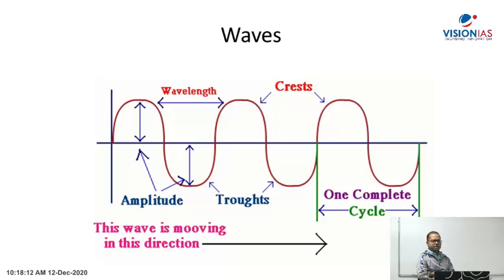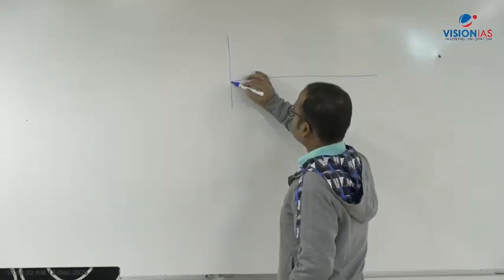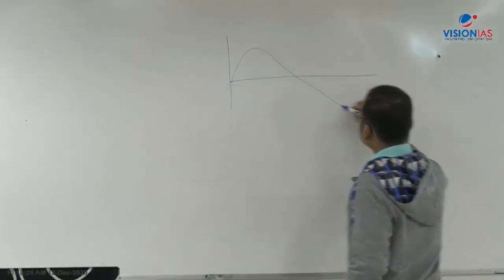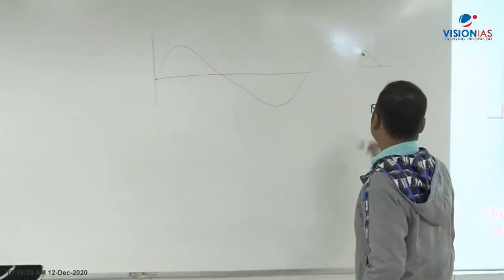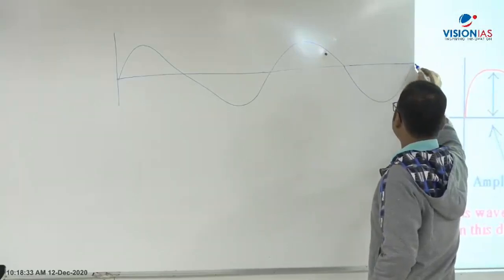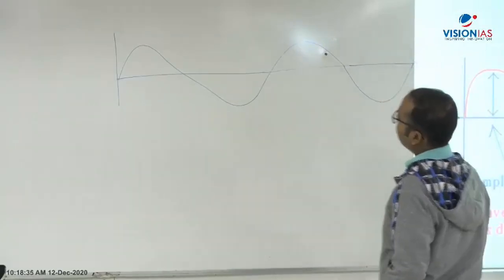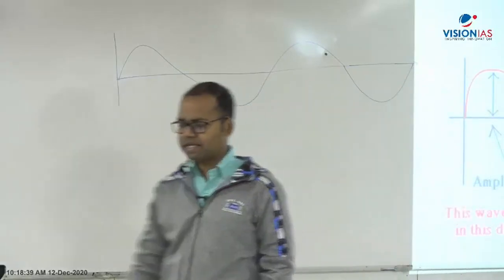A wave is generally defined by a curve. A sine curve or cos curve, any curve it can be, right?